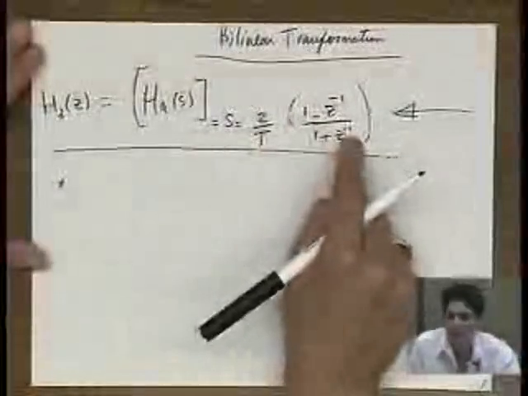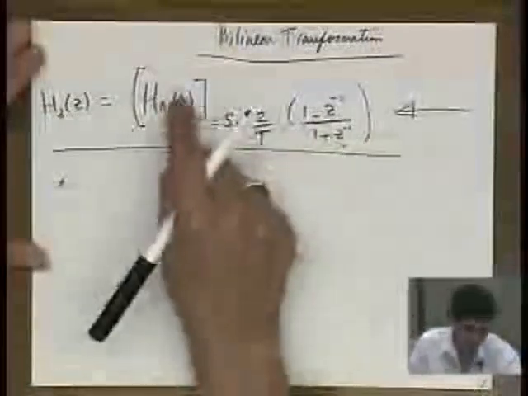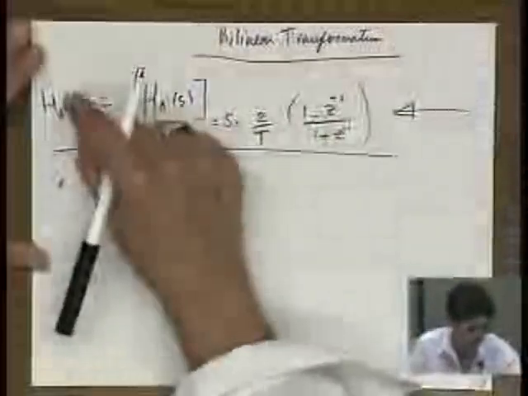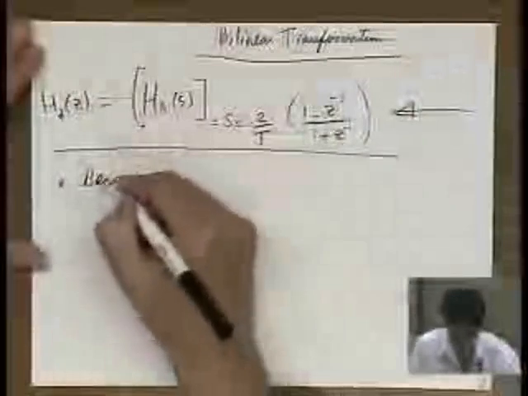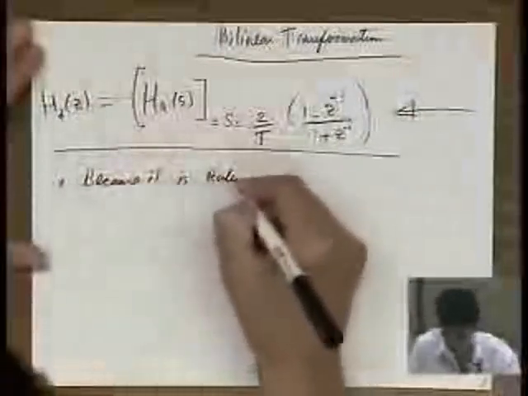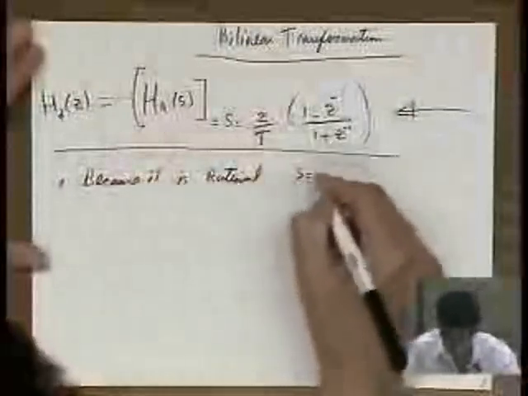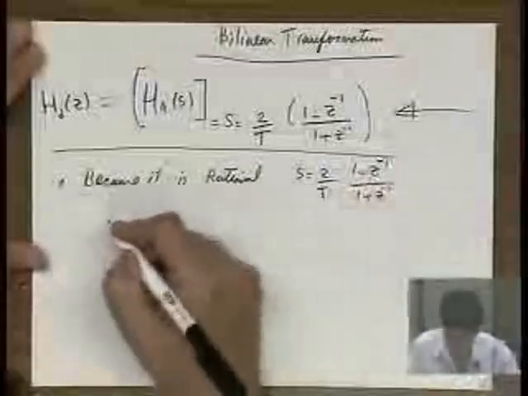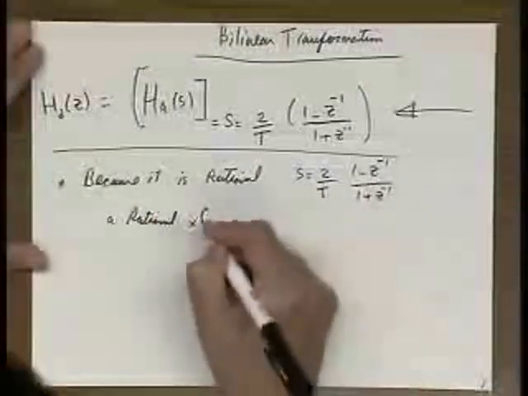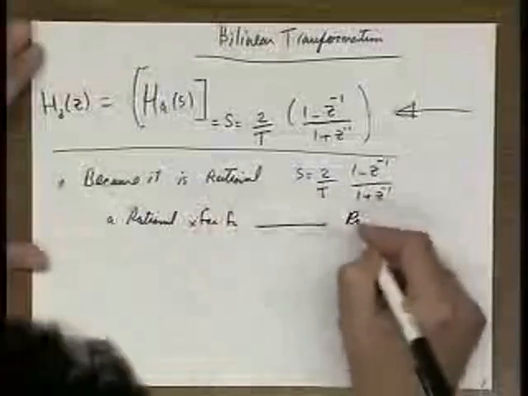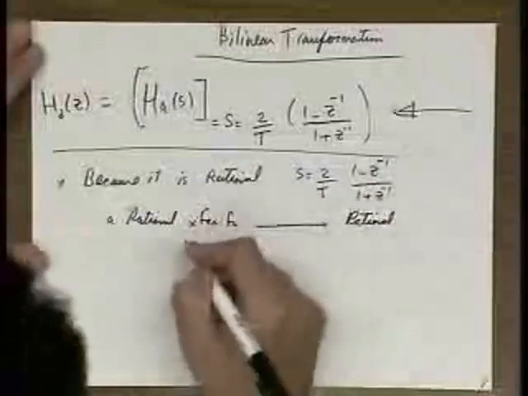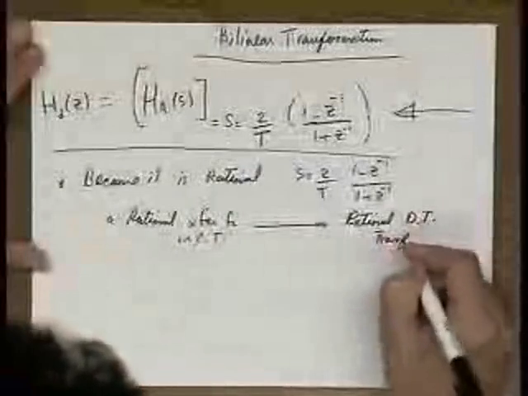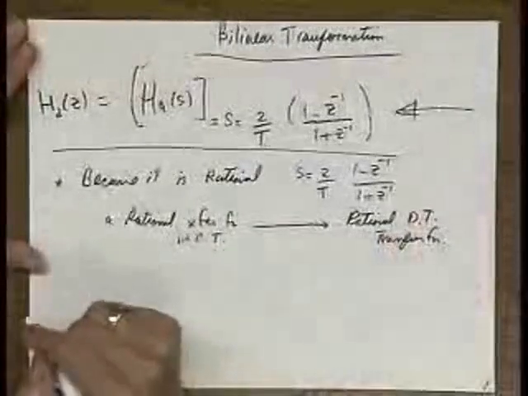So clearly, if I start with a rational transfer function and I replace all the S's with this rational transfer function, I'm still going to get a rational transfer function for H sub D of Z. So the first observation is that because it is rational, in other words, S equals 2 over T times 1 minus Z inverse over 1 plus Z inverse, a rational transfer function in continuous time gets transformed into a rational discrete time transfer function. Okay, so that's good.